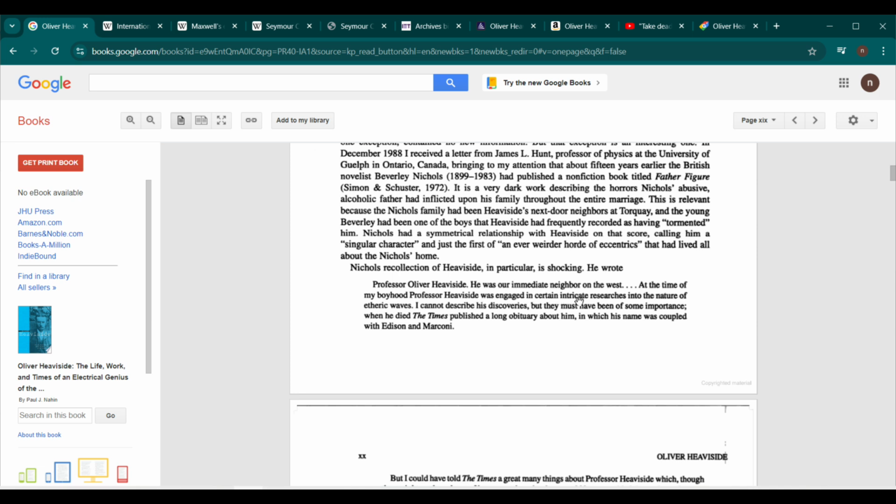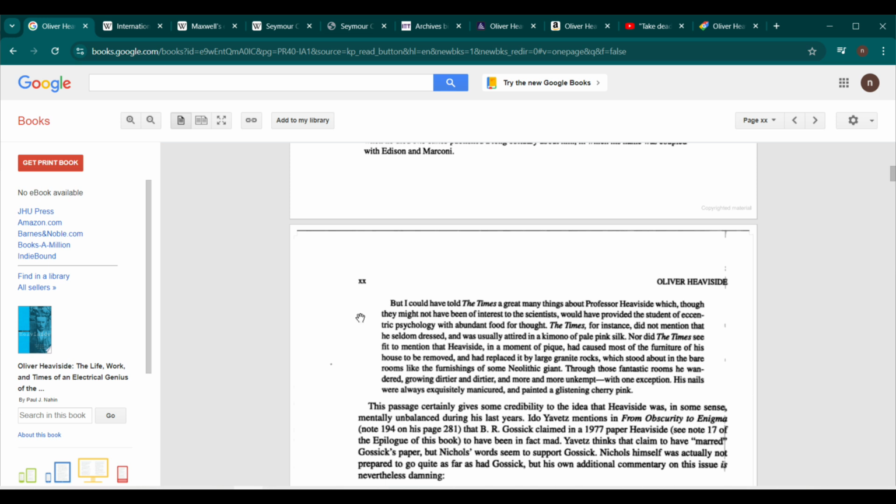Heaviside was engaged in certain intricate researches into the nature of etheric waves. I cannot describe his discoveries, but they must have been of some importance. But I could have told the Times a great many things about Professor Heaviside, which, though they may not have been of interest to the scientist, would have provided a student of eccentric psychology with abundant food for thought.